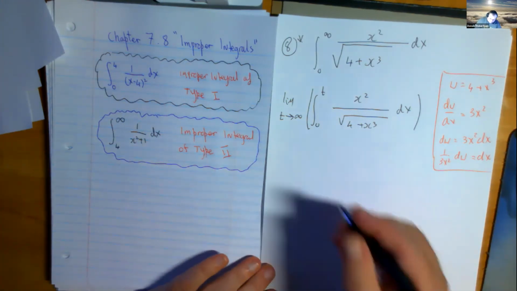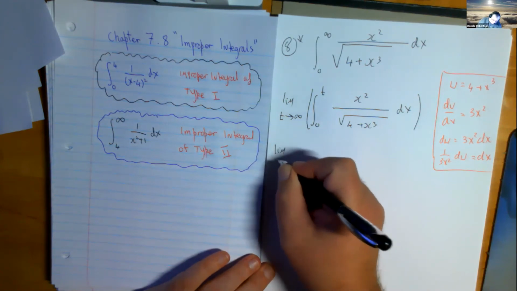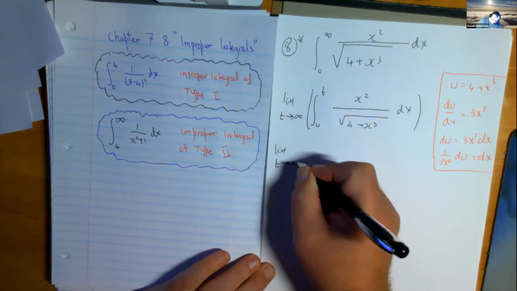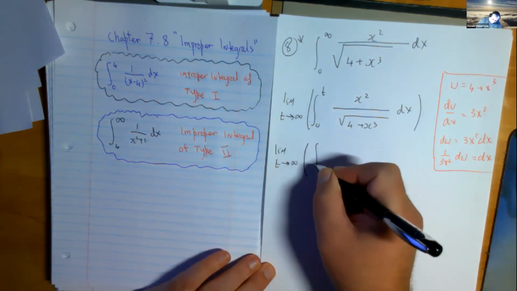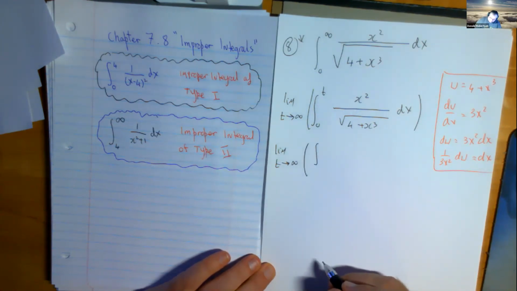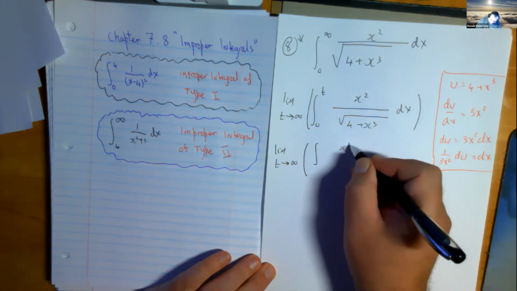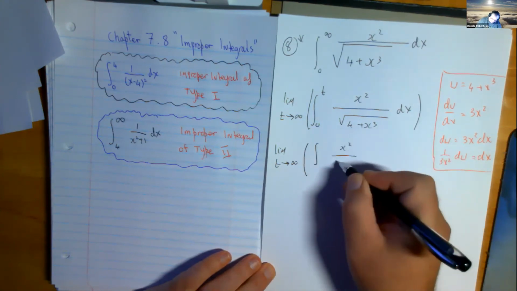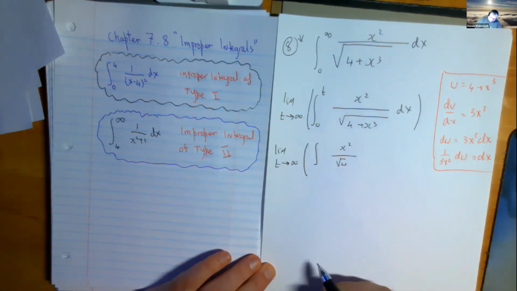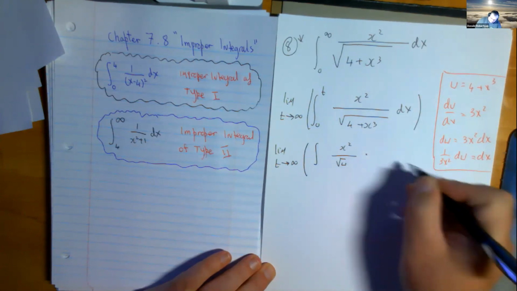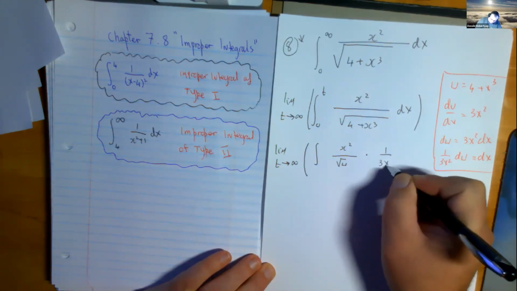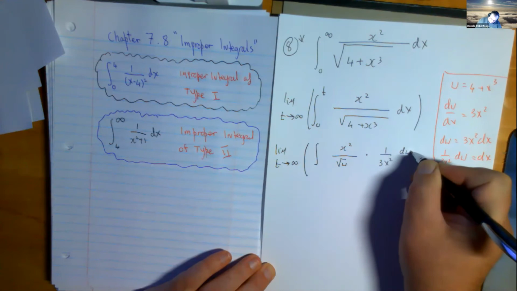So it's going to be the limit as t tends to infinity of an integral. The x squared is going to stay put for a little while. This guy is going to become that, and the dx is going to be replaced by that.